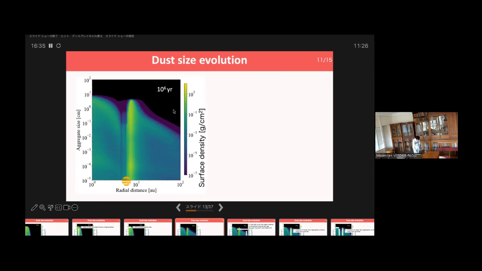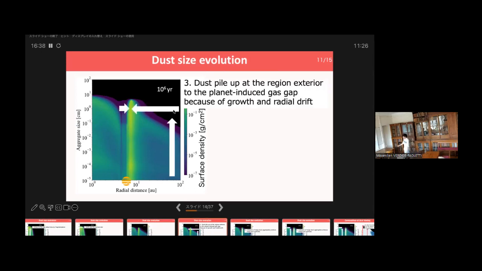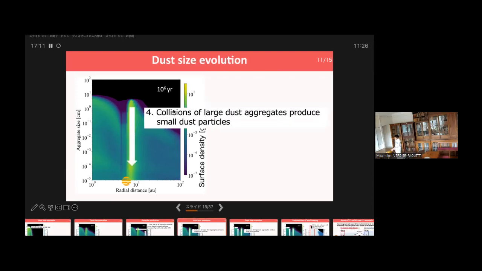The dust aggregates grow up to the size determined by fragmentation or some mechanism and drift toward the central star, but due to the gas gap here, these dust particles go back to this region, so there is a colored region. Also, these dust particles experience multiple collisions.